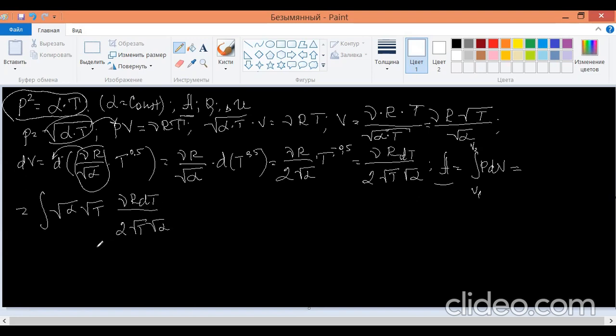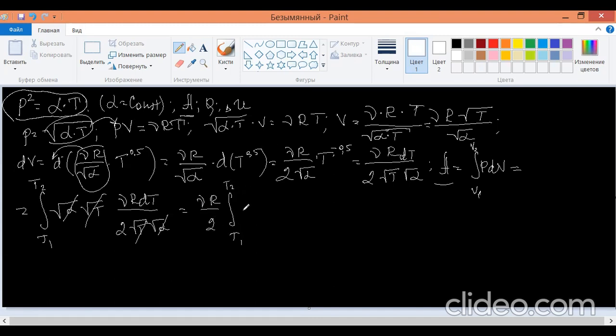As you see, now the integration limits change from volumes to temperatures, because after the differential symbol, we've got temperature but not volume anymore. Now we can see that we can reduce this fraction. And finally, we got this situation.